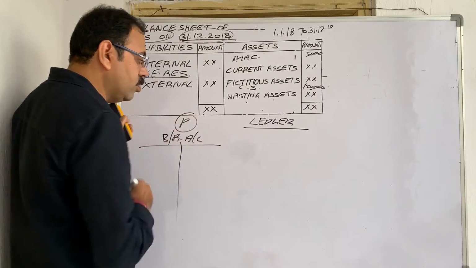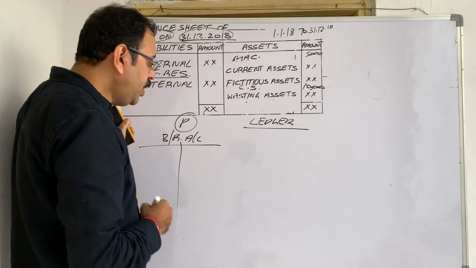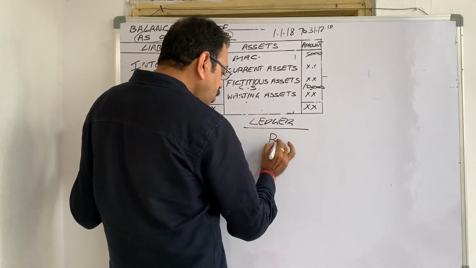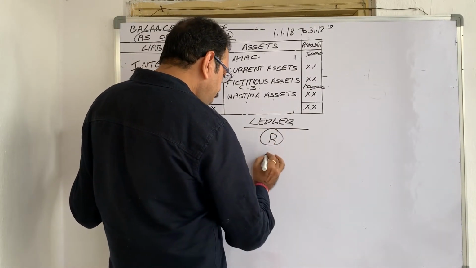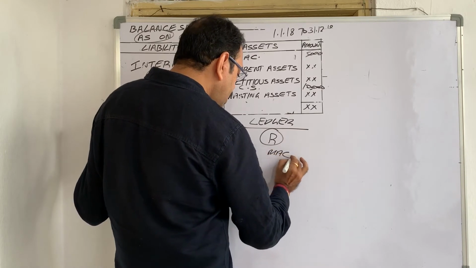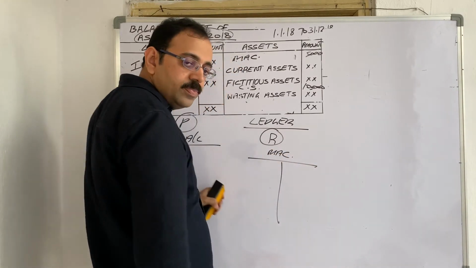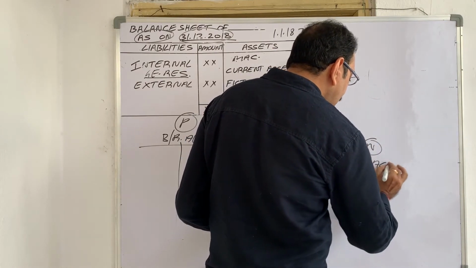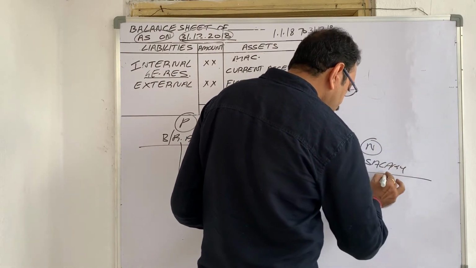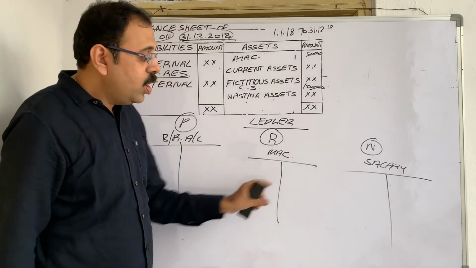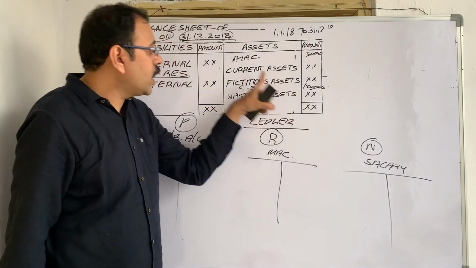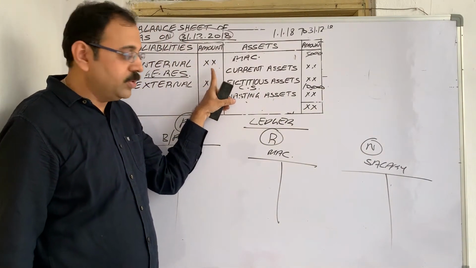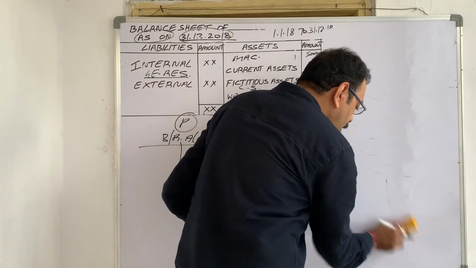This is a personal account. Similarly, real accounts, for example, machinery account, and nominal accounts, for example, salary account. You know, nominal accounts do not come in the balance sheet. So forget about nominal accounts.